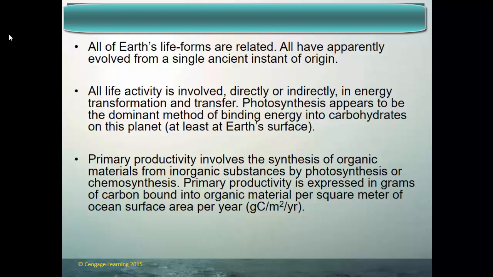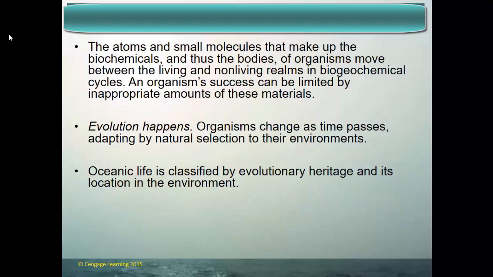Primary productivity is expressed in grams of carbon bound into organic material per square meter of ocean surface area per year. The atoms and small molecules that make up the biochemicals and thus the bodies of organisms move between living and non-living realms in a biogeochemical cycle.